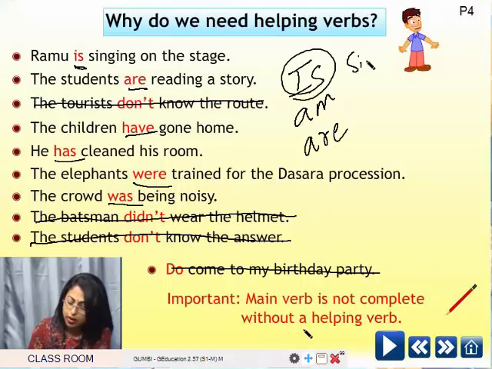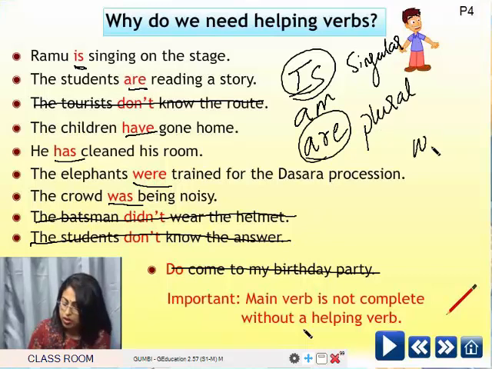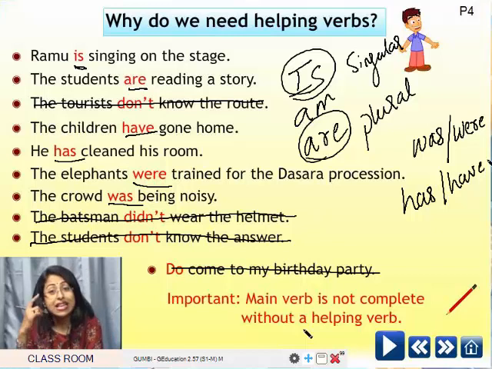Is would be singular, are plural. We also learnt about was and were, has and have. Alright, so let us see some more examples, shall we?